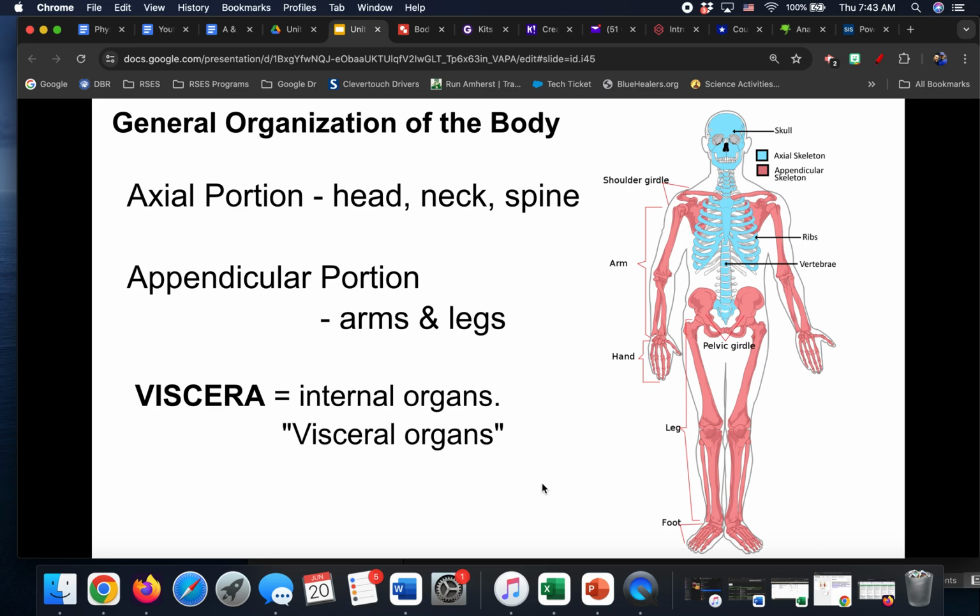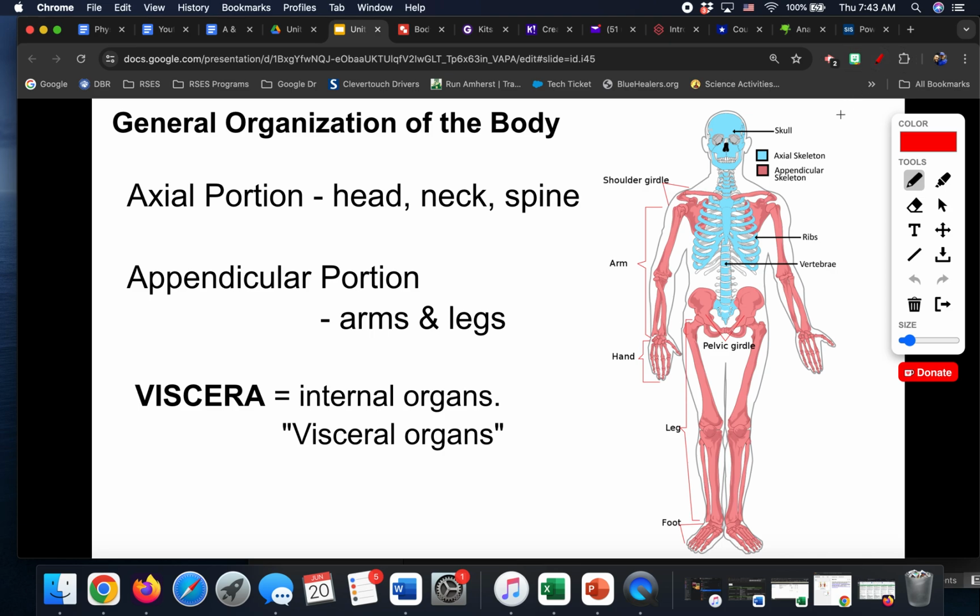All right, so generally, the way the body is organized is the axial portion is referring to the head, neck, and spine. So the important parts of the nervous system we'll learn later. Head, neck, and spine is called the axial. Appendicular, like your appendages, appendicular means your arms and legs.